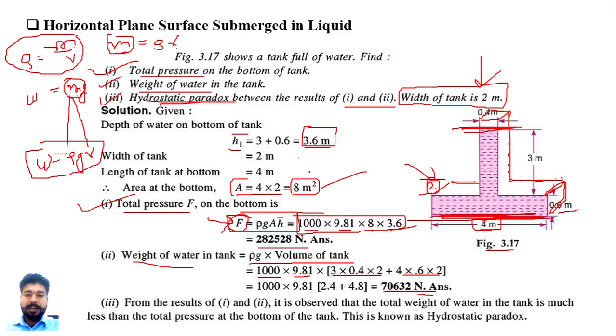From result number 1 and result number 2, we can observe that the total weight of water in a tank is much less than the total pressure at the bottom of the tank, and that is known as the hydrostatic paradox.